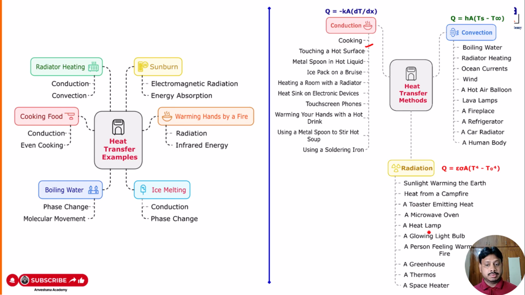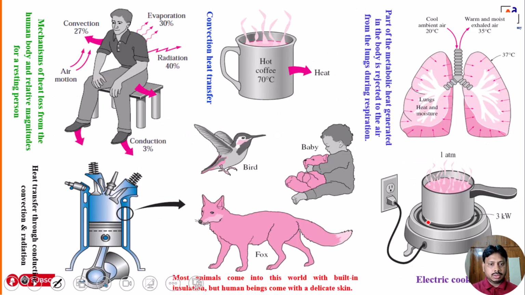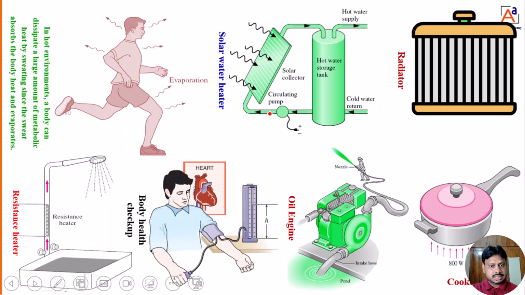I have already discussed in the previous class how radiation and conduction work. Heat is getting transferred, but it may be in the form of conduction, convection or radiation. These are applications of heat transfer, dear students.